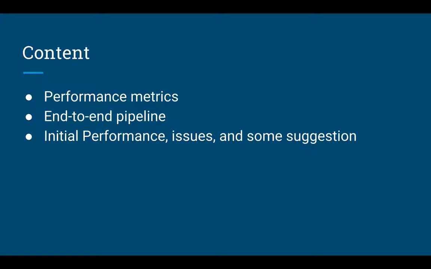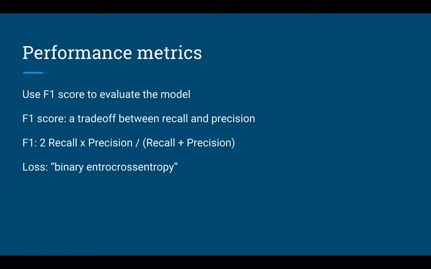And lastly, we'll be showing you our initial performance and some of the issues that we got while training, and also some suggestions that we can make to improve our model to get a better result in the future.